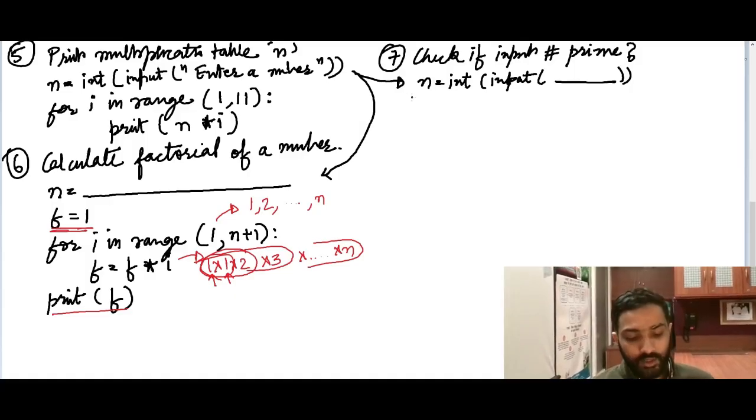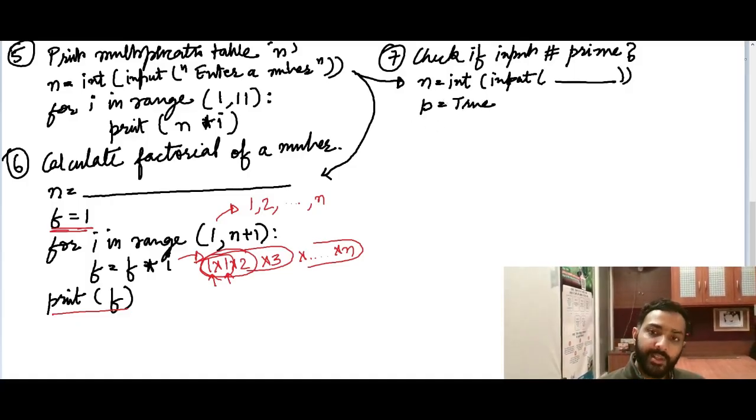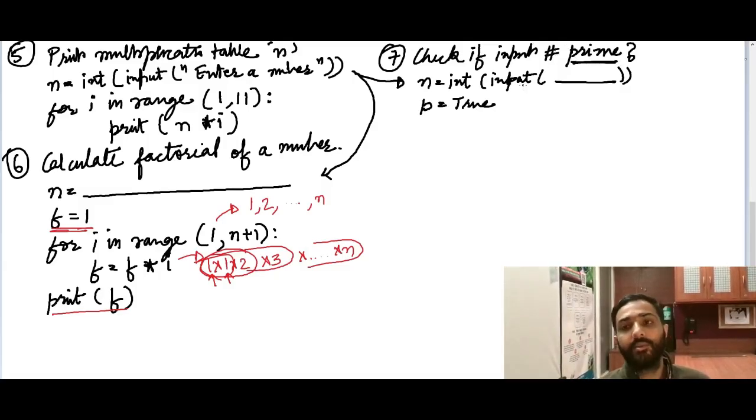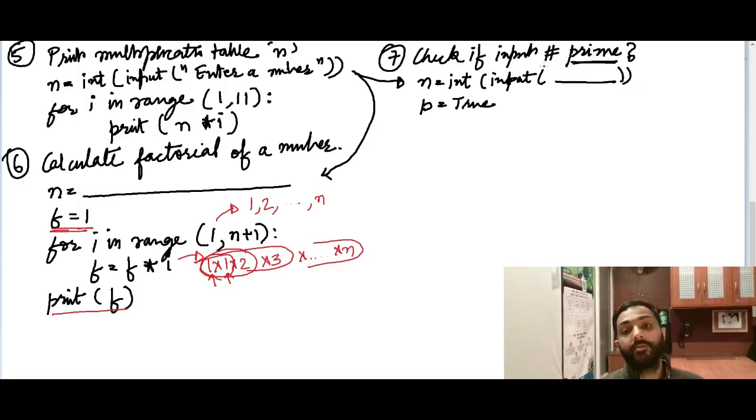Then what we can do is take one flag value, p equals true. I will explain why we are taking this p equals true. First of all, I hope everyone is clear with what prime numbers are. We discussed this in the last lecture, where we checked if the inputted number is prime or not using a while loop.